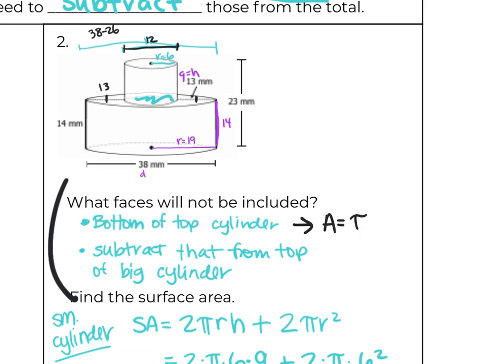Area equals pi times, top circle had a radius of what? 6 squared. So what's pi times 6 squared? 113.1. What was it? 113.09. Okay. So that is this one, right?